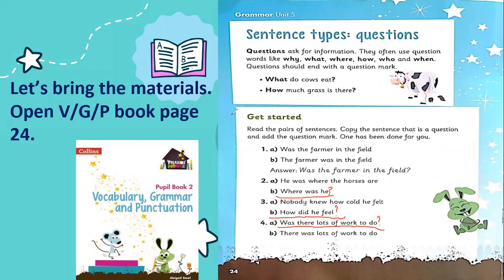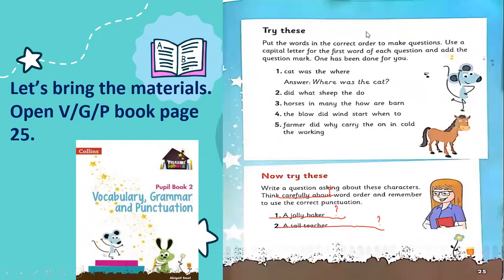Let's look at page 25, although it is a homework. Remember, this is homework. You should be able to do it, but I'm going to guide you on what to do or how to solve it.